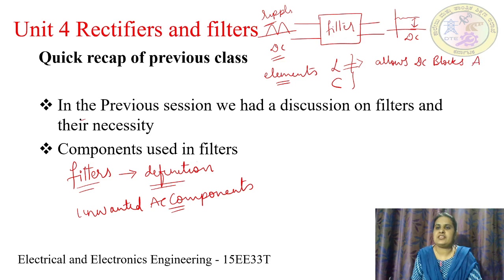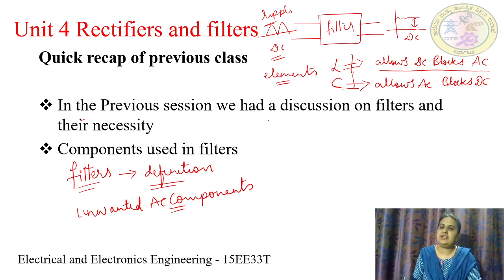This is the concept, dear students. You have to remember this for today's session, and only then will you understand the different types of filters. We also studied the behavior of the capacitor: it allows AC and blocks DC.